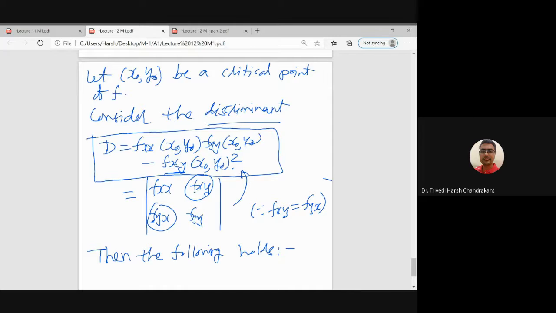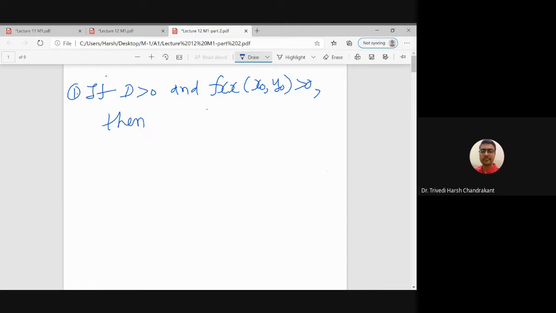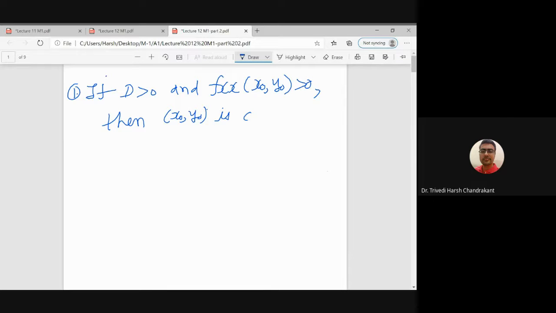Whenever this quantity is greater than 0, and fxx at (x0, y0) is greater than 0, then the point is a local minimum, right?